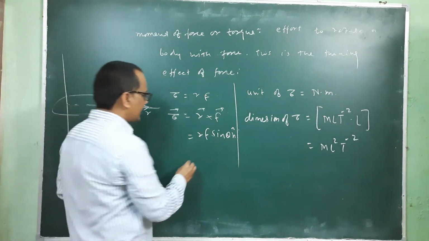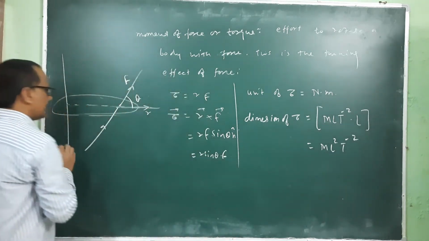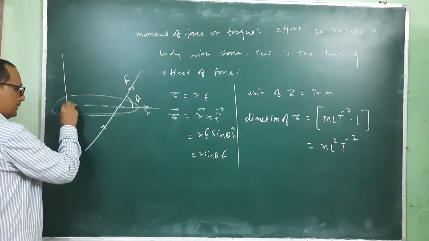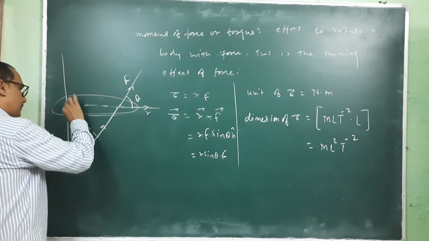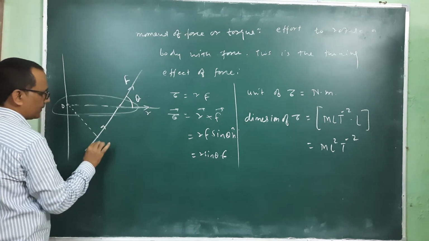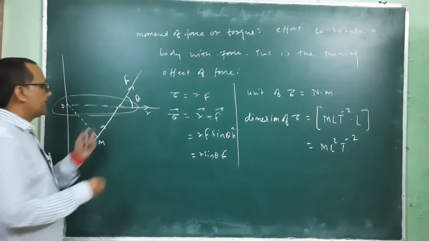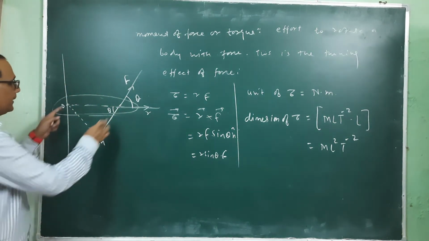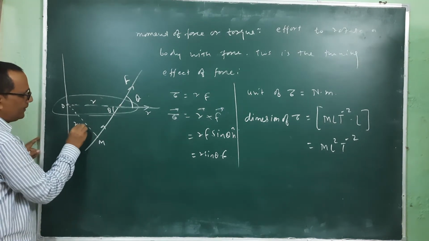And one can write this as R sine theta multiplied by F, where this R sine theta is, let us draw a normal somewhere here. This is O, this is, let's say, M. And if this angle is theta, this angle will also be theta, and this is taken as R, so this will be R sine theta.